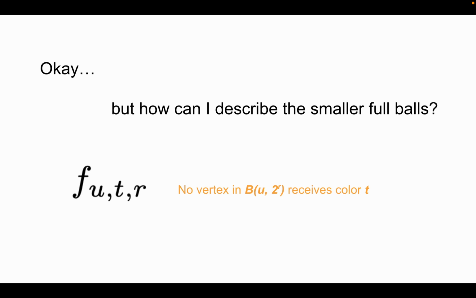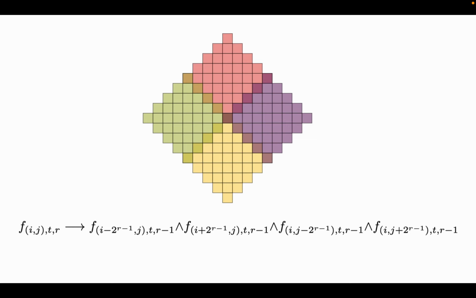Well, in order to define them, we introduce variables F_{U,T,R} that describe that no vertex in the ball that's centered in U and has radius 2 to the r receives color T. Note that because the radius of the ball is 2 to the r, we will only need a logarithmic number of such variables.